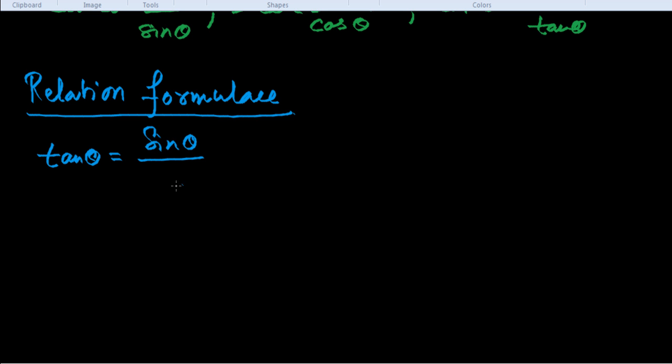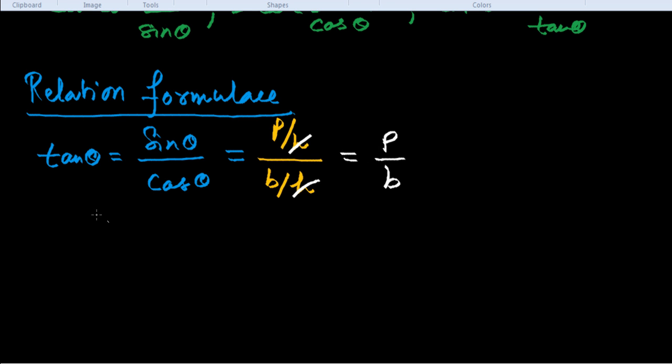It is sine theta over cos theta. So how do we get this? I explain to you, because we know that sine theta is equal to P over H, and cos theta is equal to B over H, and H and H are both in the numerator and denominator, so they will eliminate each other. So we get here P over B, which is tan theta.